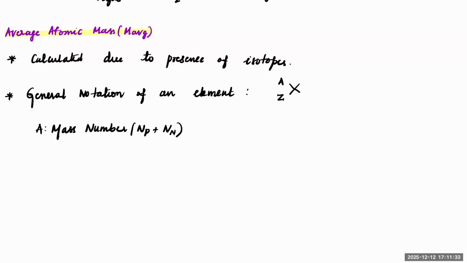And Z represents the atomic number, which represents the number of protons or the number of electrons in the neutral state.